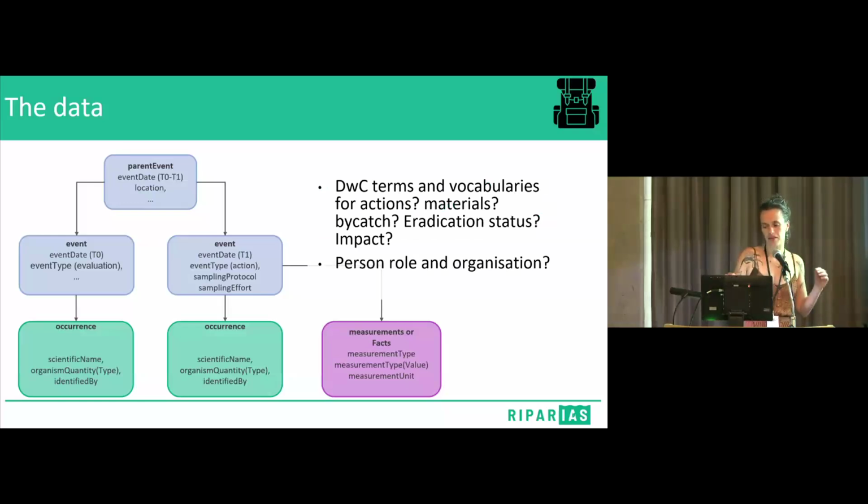I think we need to think about the Darwin Core terms and vocabularies for management actions in the field. Materials, what about bycatch, eradication status, impacts. I also had a few discussions and heard that there are some issues with degrees of establishment means. So also the person, role, and organization.